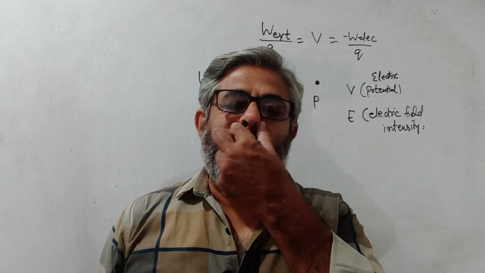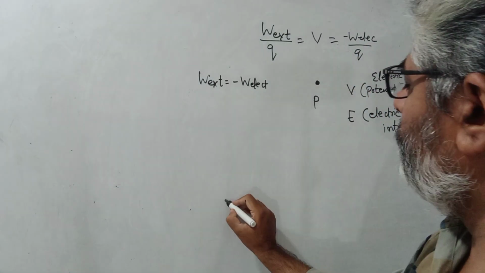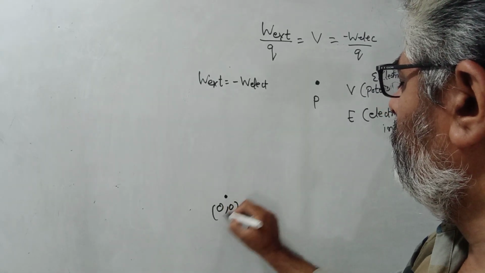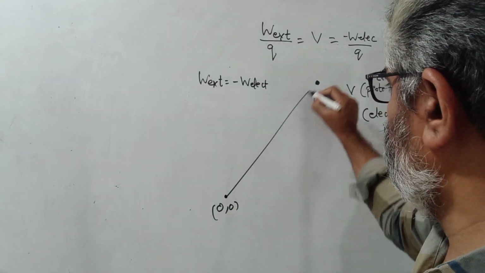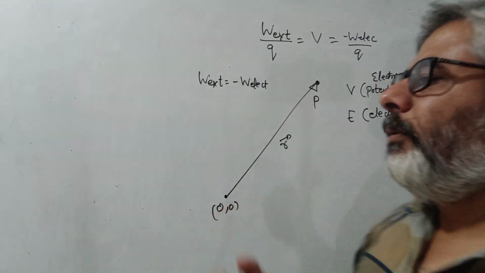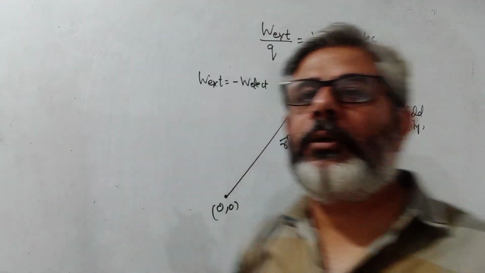Now how will we go about this relation? So let us say this is the origin, point 0, 0, and this is the position vector R of this point. So the position vector simply gives you the position of that point P in that coordinate system.